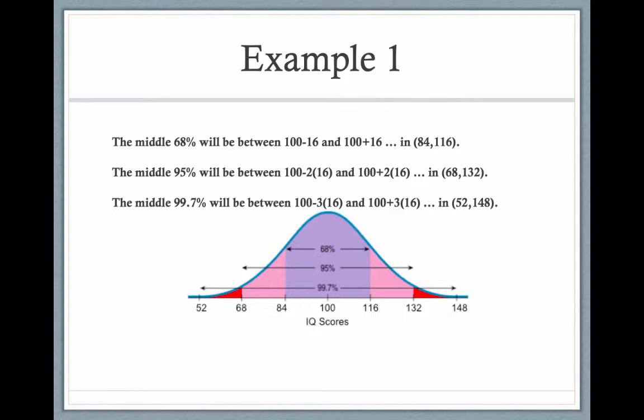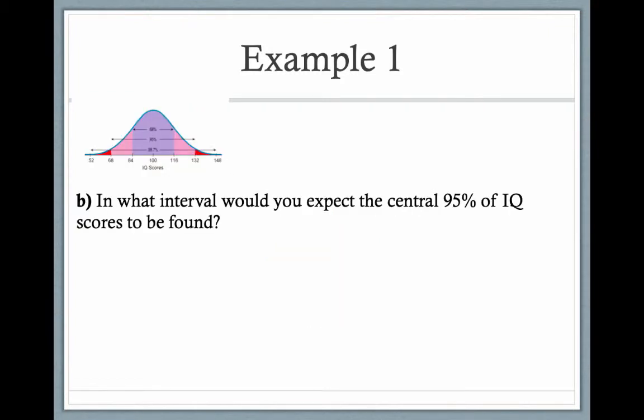Okay, so when we go out another standard deviation to our 68 to 132, we capture 95% of the area, which means we capture 95% of the scores. And finally, when we go out one more standard deviation, 52 to 148, we've captured 99.7% of the area, which means 99.7% of the scores.